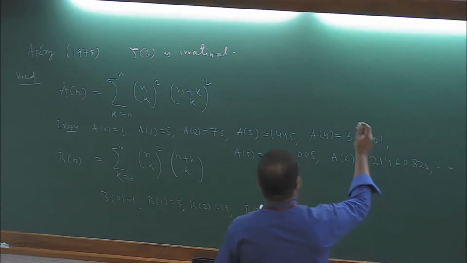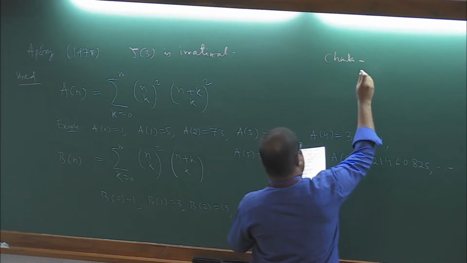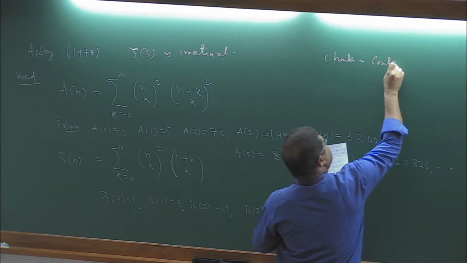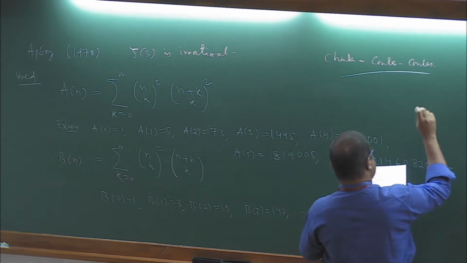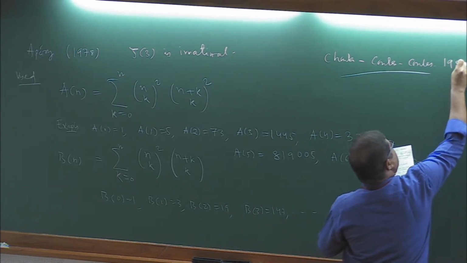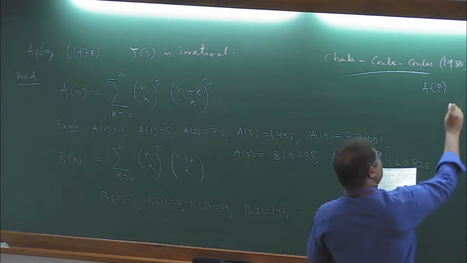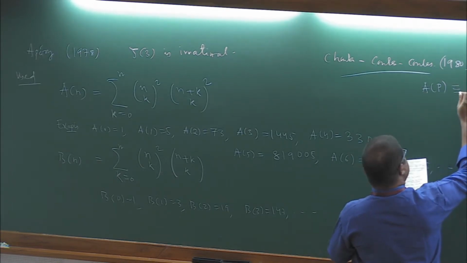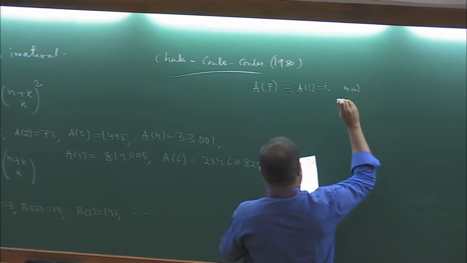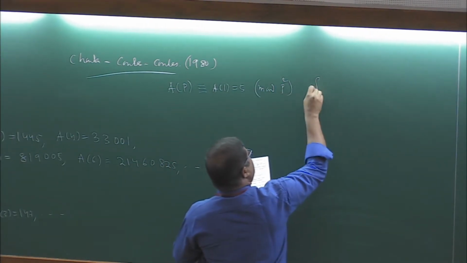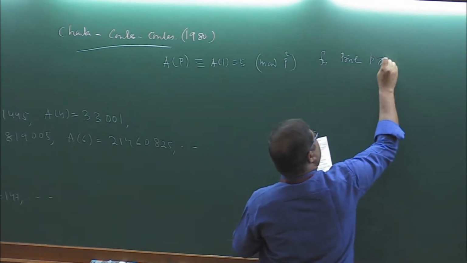For example, Chowla, Cowles and Cowles proved in 1980 that A_p is congruent to A_1, which is 5, mod p squared, for primes p bigger than or equal to 5.